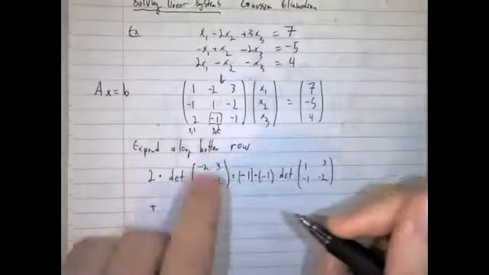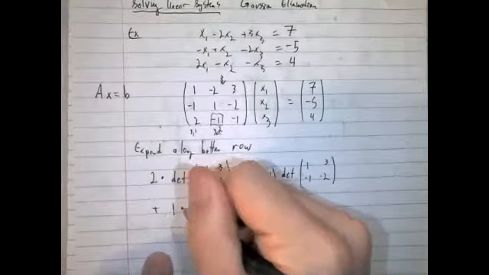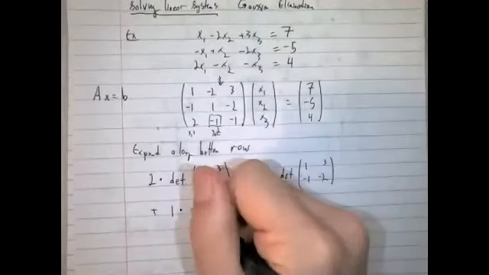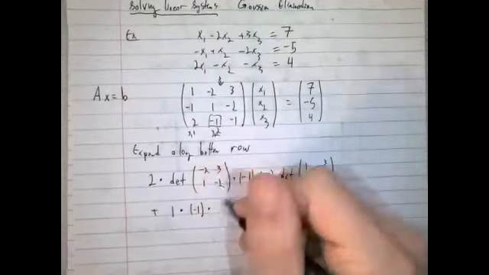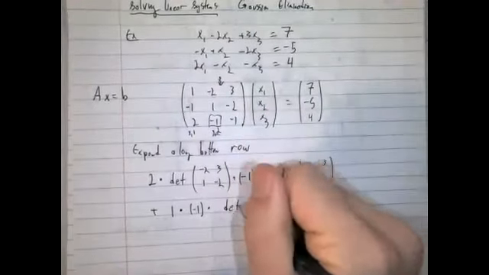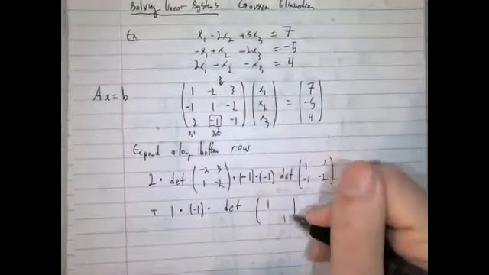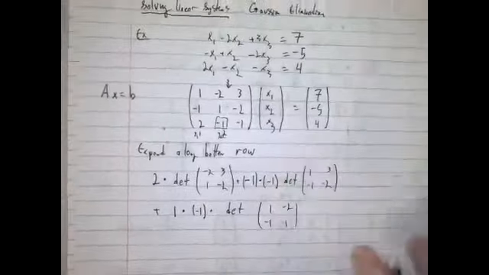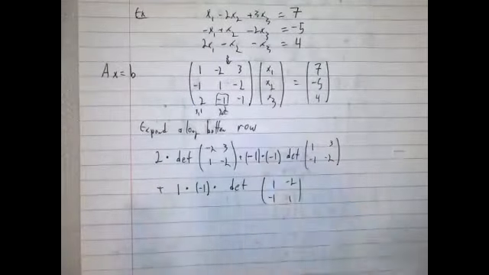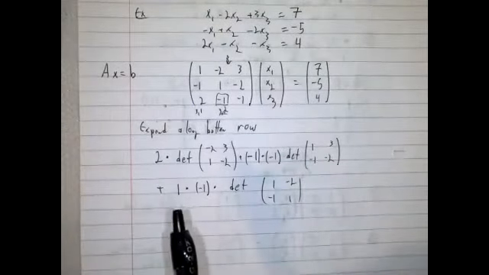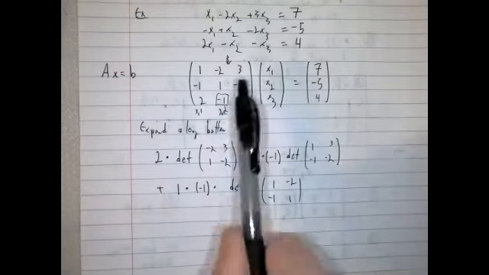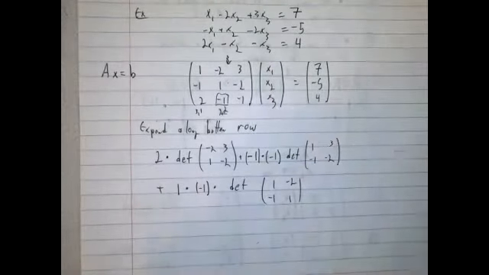Then plus 1 times the entry, negative 1, times the determinant of 1, 1, negative 2, negative 1. Are we comfortable with this procedure of doing cofactor expansion to find the determinant of this matrix?